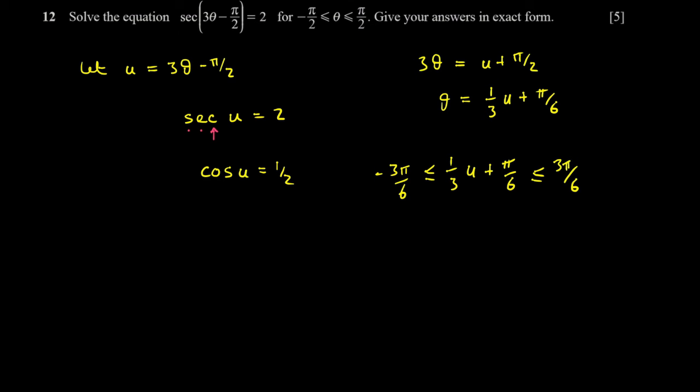Right, so now if I subtract pi by 6 from both sides, this becomes negative 4 pi upon 6. And this side becomes 2 pi upon 6. Oh, beg your pardon, 2 pi upon 6. And the middle becomes 1/3 of u.